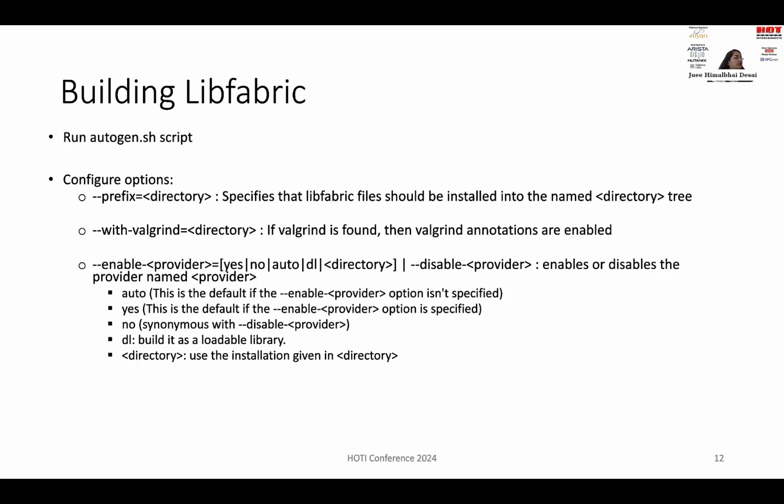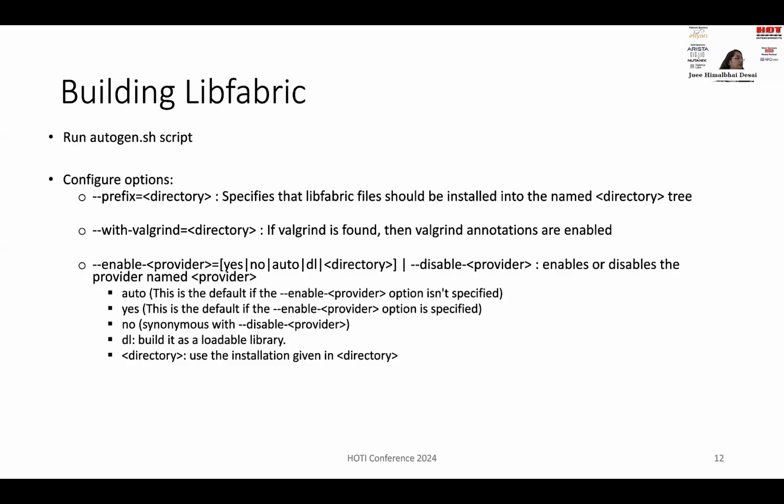And the most important here is what providers we want to enable or disable in our build. So we have two options here, --enable-<provider> and --disable-<provider>. And then as you can see, there are multiple options with enabling a provider. So when you don't give any option, that is automatically enabled.